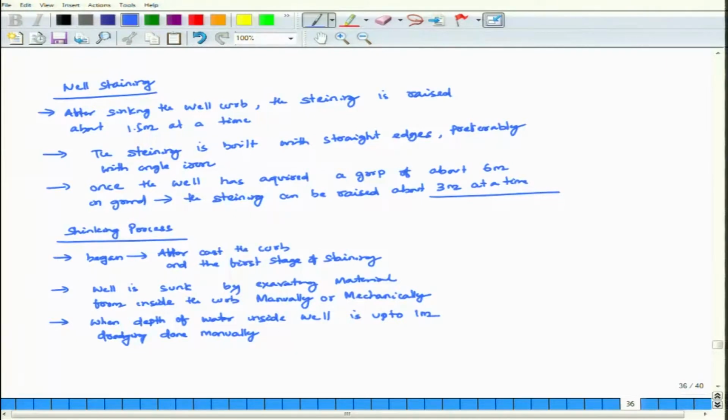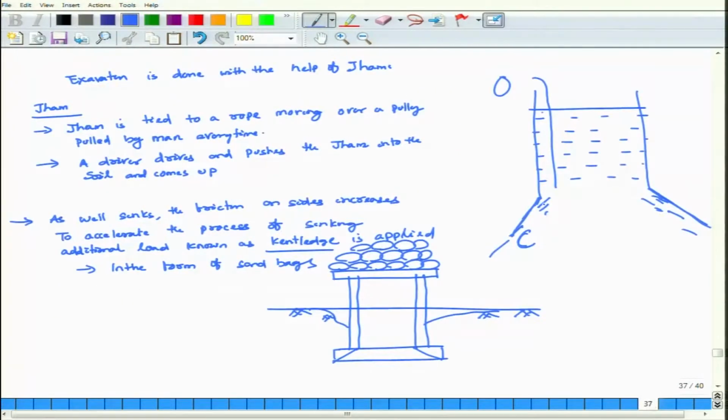Then the sinking process can be done manually or mechanically. Manually what happens? The cutting edge tends to go outward.